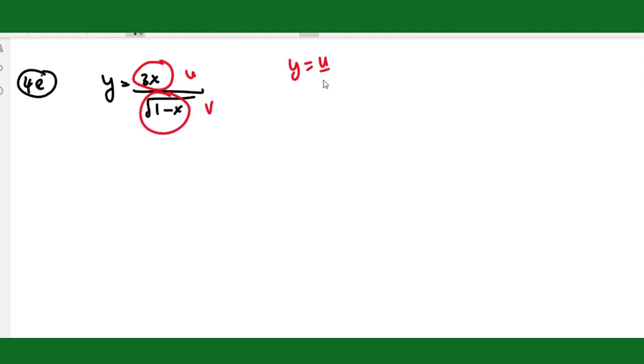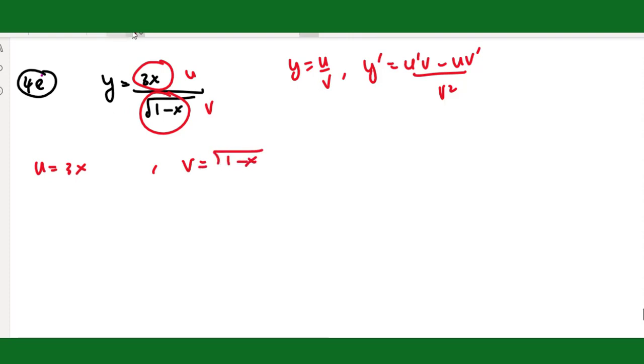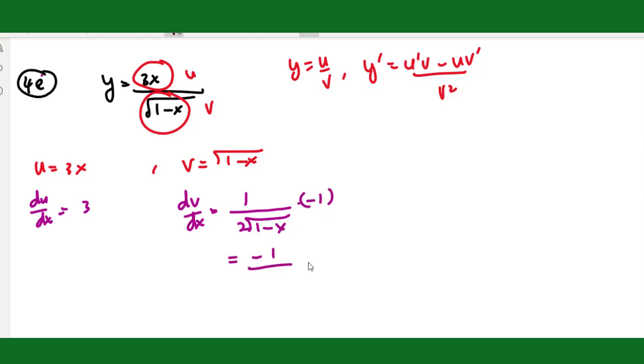Apply quotient rule: y prime is equal to u prime v minus u v prime over v squared. Then u is 3x and v is equal to square root of 1 minus x. So now find du dx, differentiate 3x get 3, and dv dx, differentiate: 1 over 2 square root of 1 minus x, differentiate 1 minus x get negative 1. Simplify: negative 1 over 2 times square root of 1 minus x.